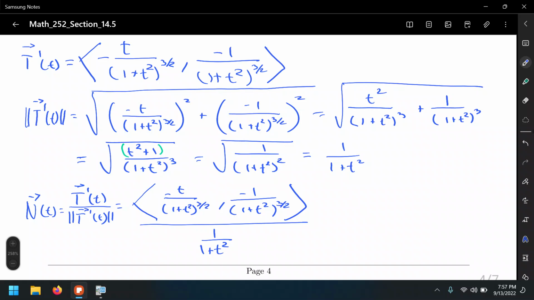So let's divide each component by this quantity, that is negative t over 1 plus t squared to the 3 halves, over 1 plus t squared, comma, negative 1 over 1 plus t squared to the 3 halves, over 1 plus t squared.